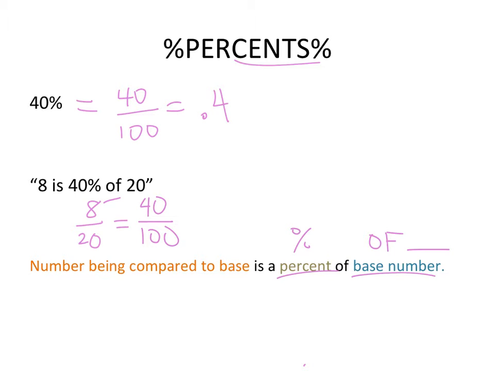If I was to call these A, P, and B, I can actually set my algebraic model. We'll say that A, our number that's being compared to the base, is equal to the numerical equivalent of my percentage times my base number. We're going to be using this a lot in the following problems, but we'll just move on from here.